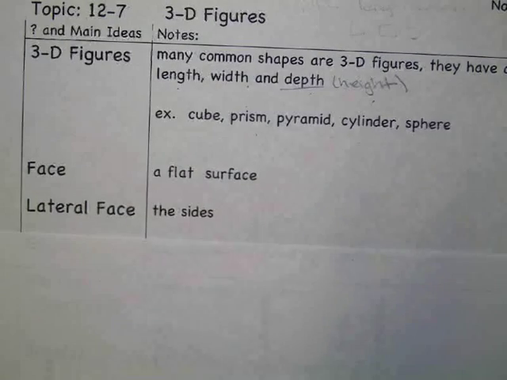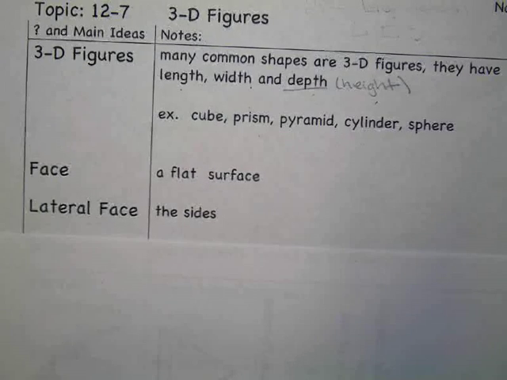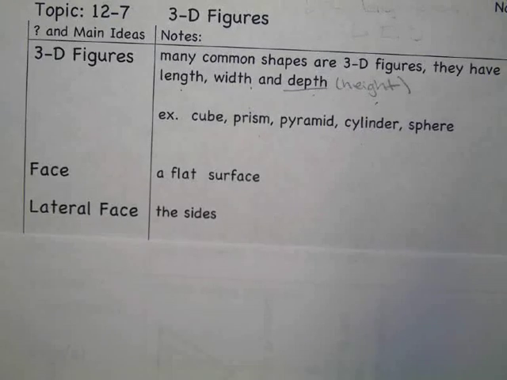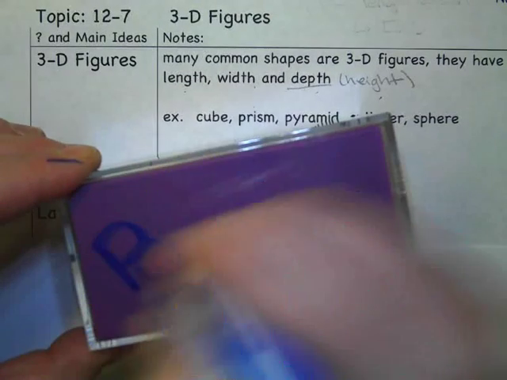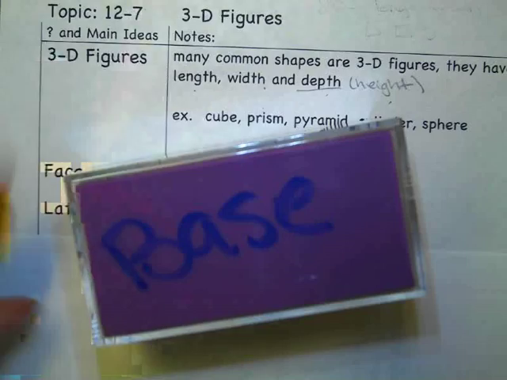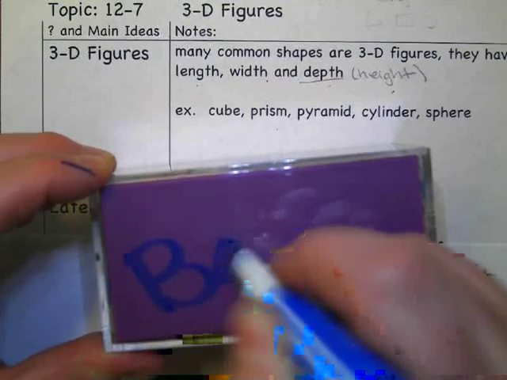There's also a special kind of face. It's called the lateral face. And the lateral face is the sides. Basically what it's saying is if you remove the bases, then you have the lateral face. So before I go to lateral face, let's clarify on the bases. So on this one, we could say that we have a base here, and a base there.